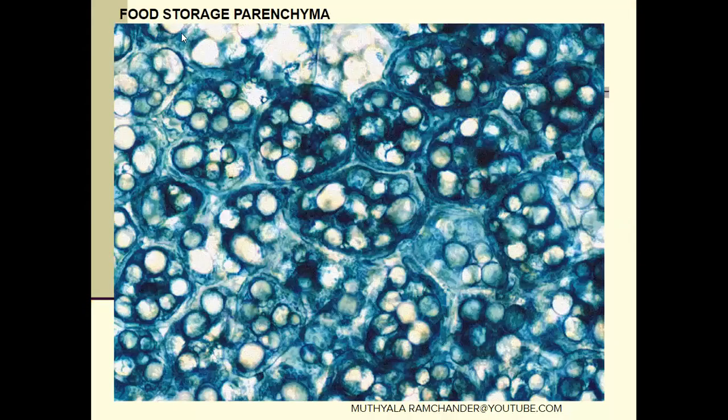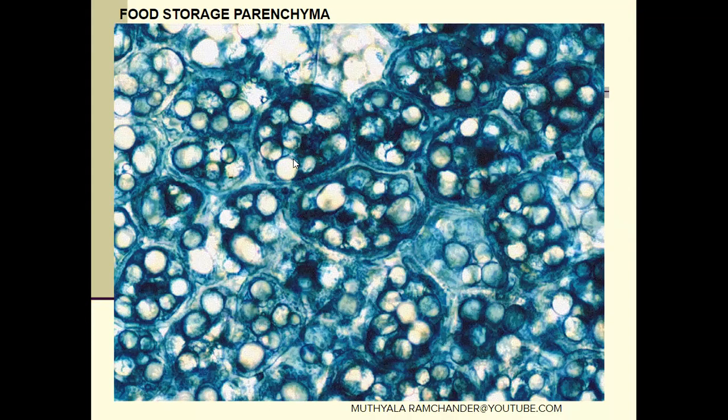Another type of parenchyma is food storage parenchyma. Food materials like proteins, starch, amino acids, and lipids are stored in these parenchyma cells, which are called food storage parenchyma.